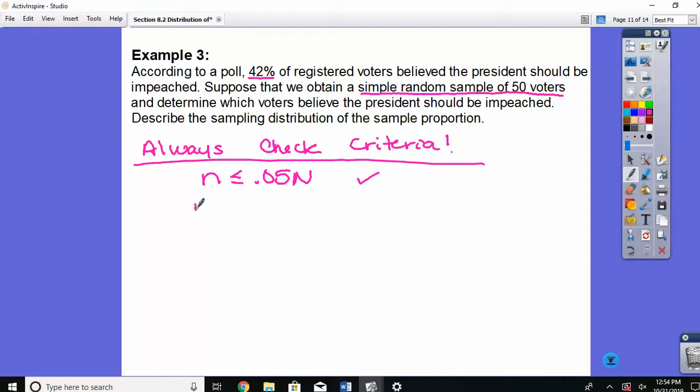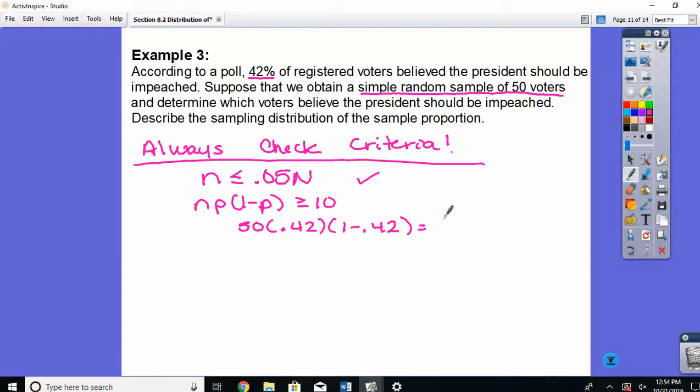The second thing is the n times p times 1 minus p has to be greater than or equal to 10. That's what will tell me if it's normal or not. So my n is 50. What is my p? So 1 minus 0.42.